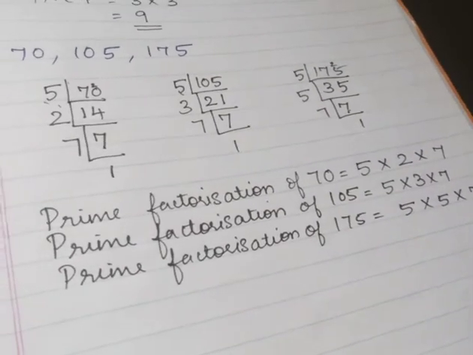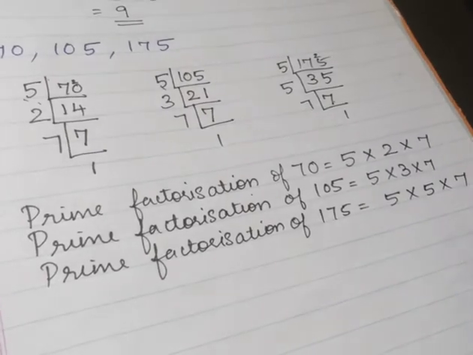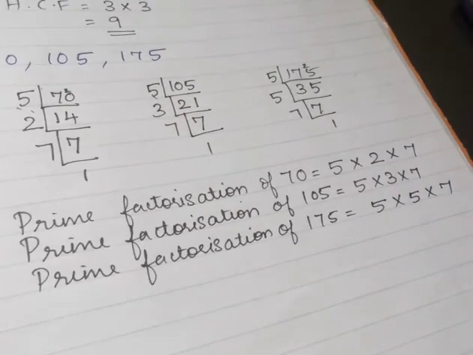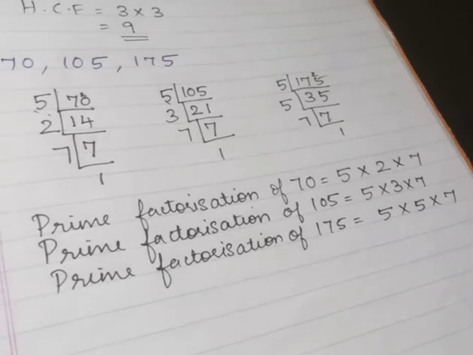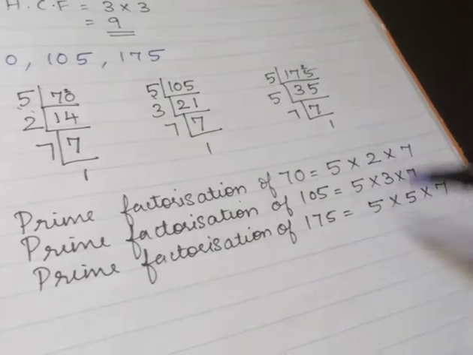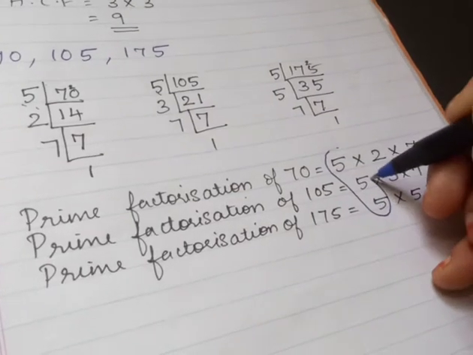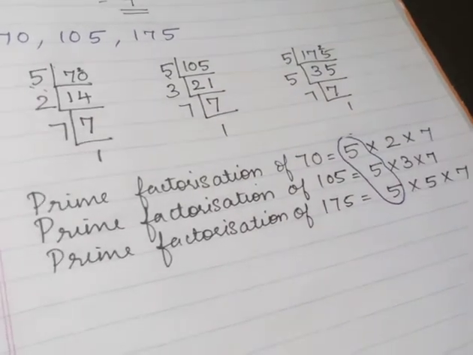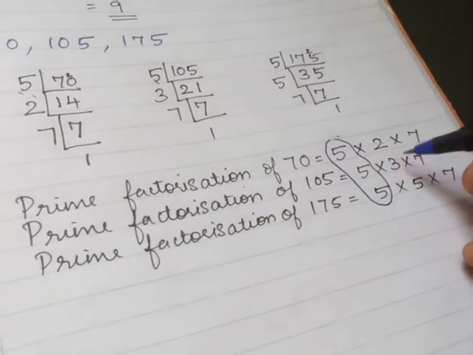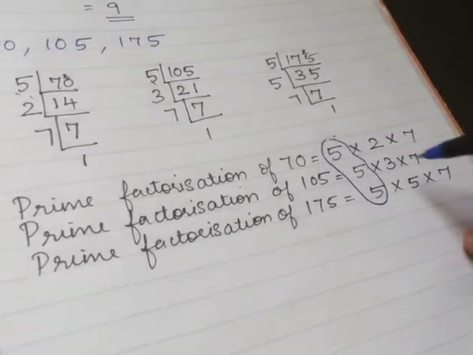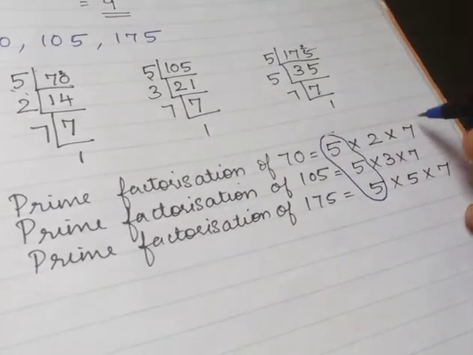Now, how will you find the common prime factors of these three? Listen. It should be common in all the three. Like 5. If I take the number 5, it is common in all the three numbers. So, I am circling it. Does 2 have any common factors? No. 3? No. 5? No. 7.